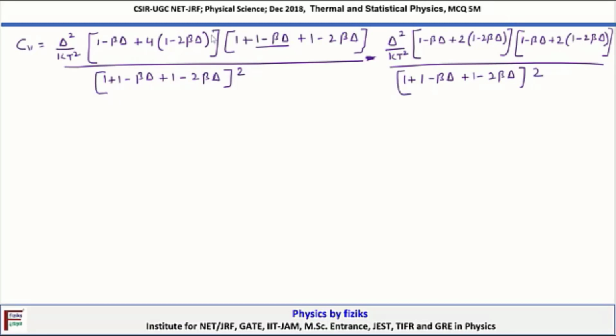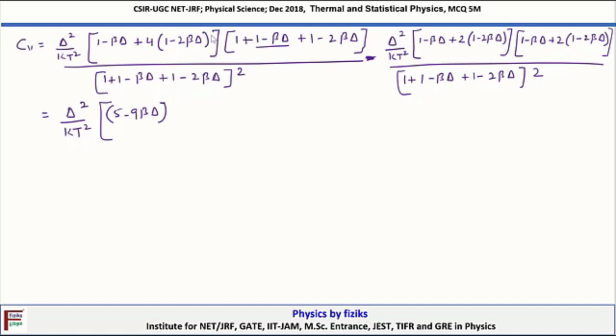Now after solving this expression, I'm writing the expression directly, so you can check it yourself. Delta square by kt square, and inside the bracket, after solving these expressions, we obtain 5 minus 9 beta delta. Basically it's 1 plus 4, that will give us 5, and then 4 into 2, 8 beta delta, and then beta delta here.